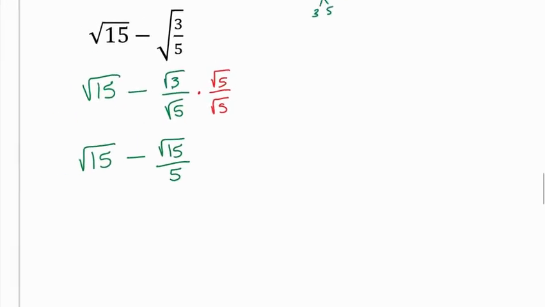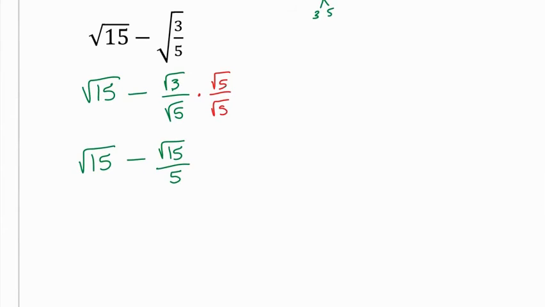But now in order to do my subtraction, I need a common denominator. So I'm going to get this guy over here, the radical 15, to have a 5 as its denominator. Oops, I lost my radical. Right, so we're going to multiply that by 5.